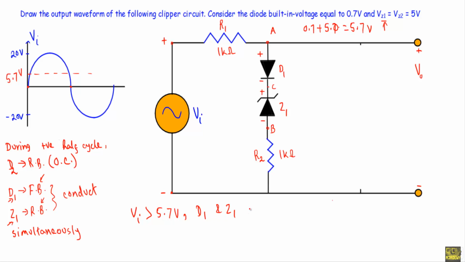That means D1 and Z1 will conduct. And when Vi will be less than 5.7 volt, we will not get 5.7 volt between these A and B terminals. Therefore, the diode D1 and Z1 will not conduct any current.